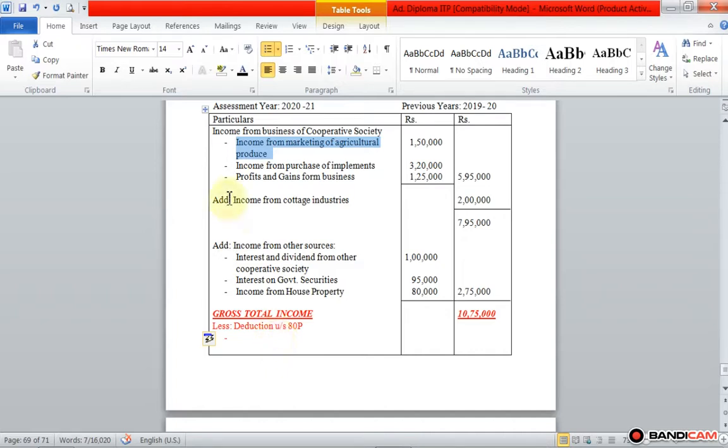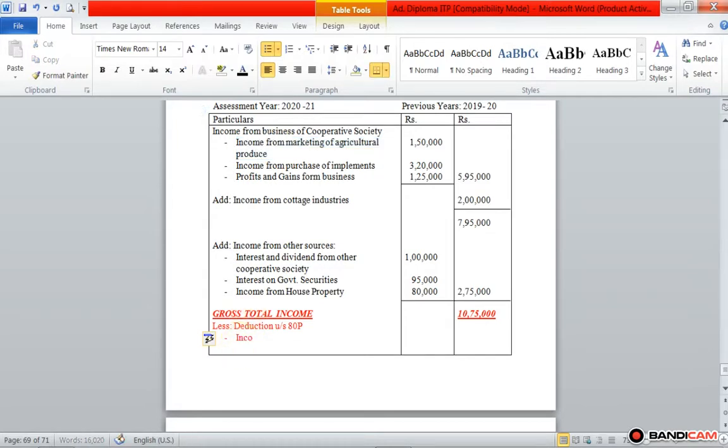Income from marketing of agricultural produce is allowed for deduction; the whole amount of income derived from marketing of agricultural produce is allowed for deduction under section 80P. Whole amount means the whole income.